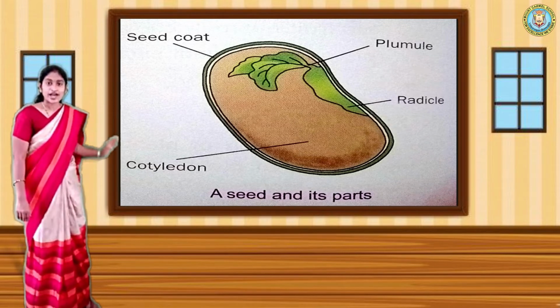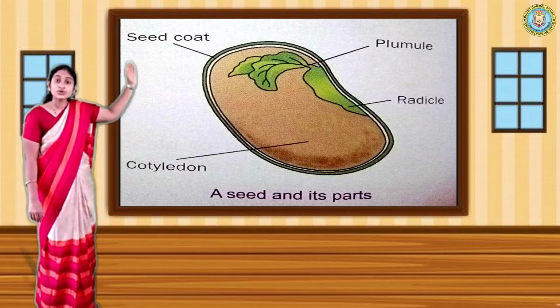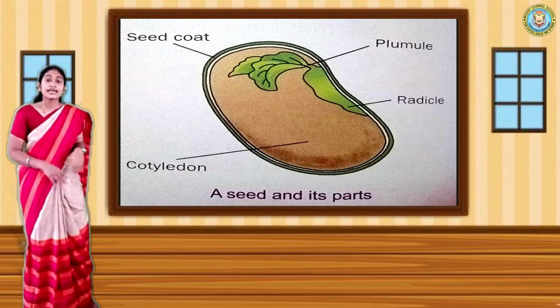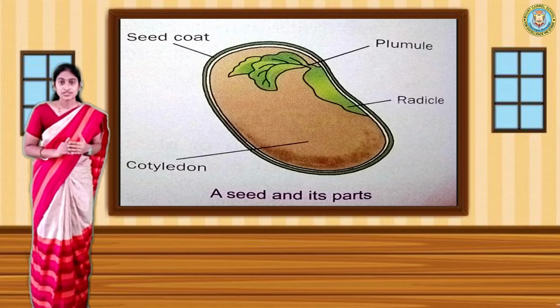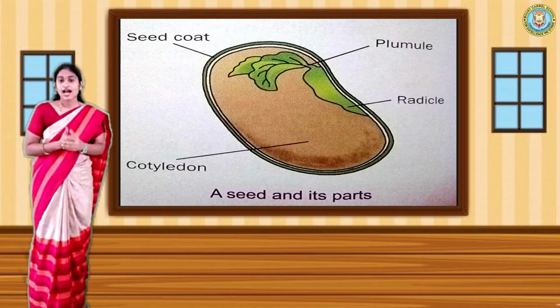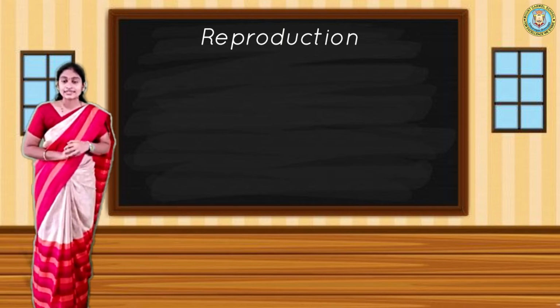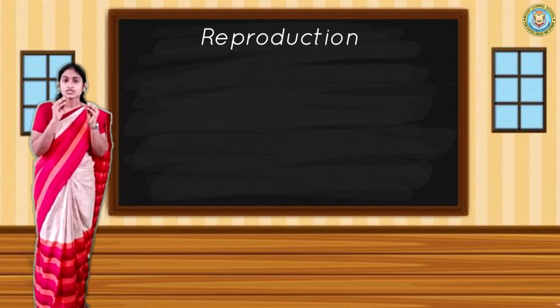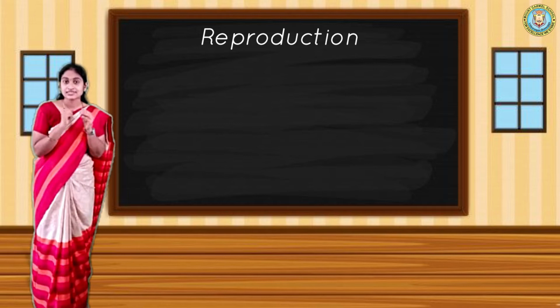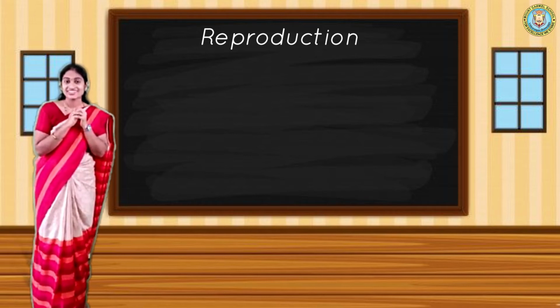Afterward, it vanishes when the tree grows. Like this, in a seed, the processing happens. I want to show you one seed, and in that, I want to show you the small parts. Okay? Are you ready? Yes.